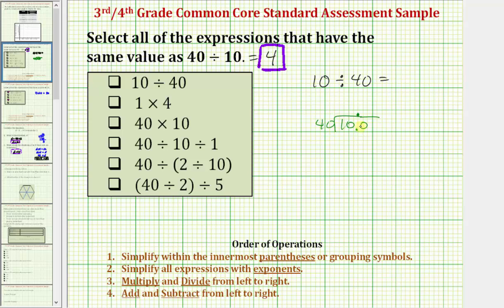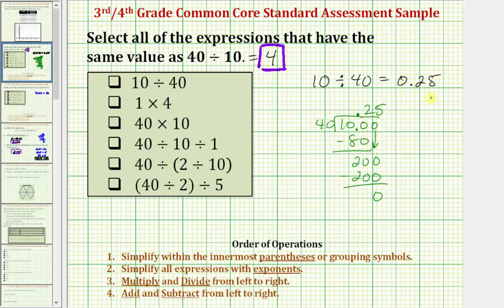Well, there are 2 40s in 100, because 2 times 40 is equal to 80, and we would subtract. 100 minus 80 is equal to 20. We can add another 0 and bring it down, and now ask how many 40s are there in 200, and there are 5 40s in 200 because 5 times 40 equals 200. And now because this difference is 0, we know that 10 divided by 40 is equal to 0.25.